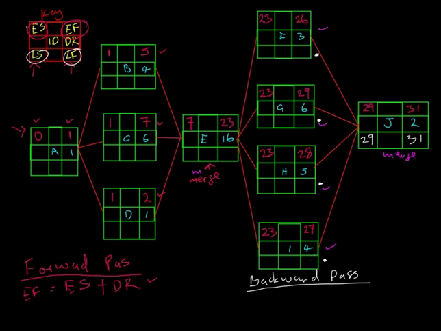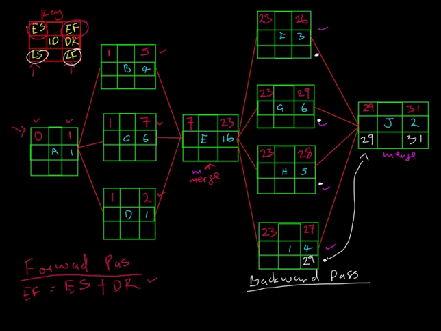So to calculate the late finish here, we said the late finish of each and every activity is equal to the late start of the successor. So that means the late finish of this activity is equal to the late start of the successor, all right? Which is what? 29, all right?